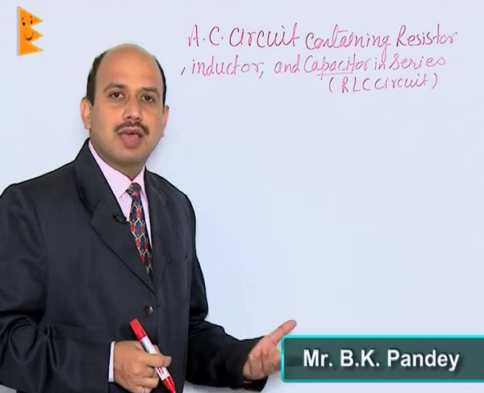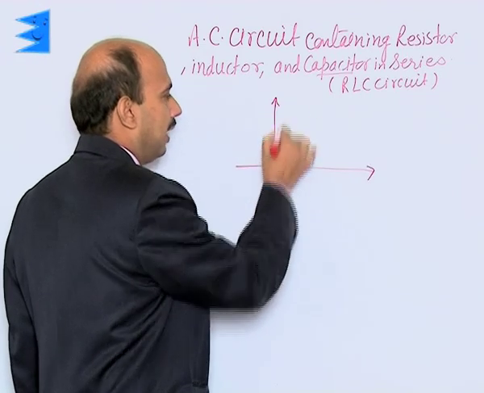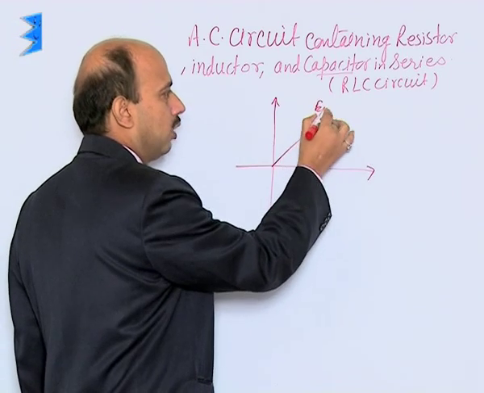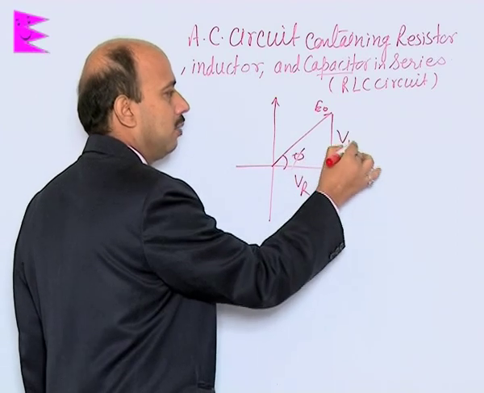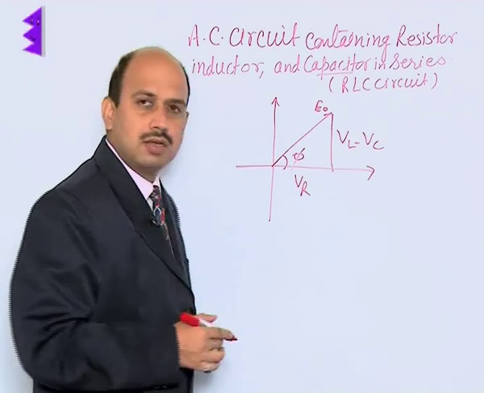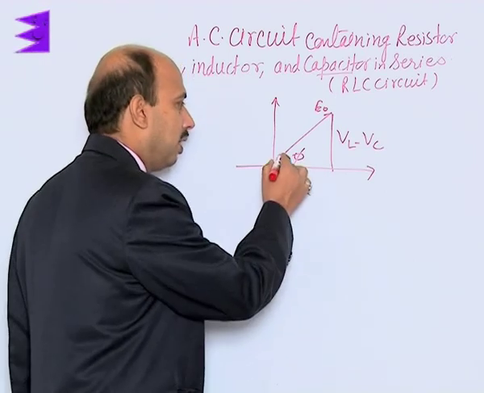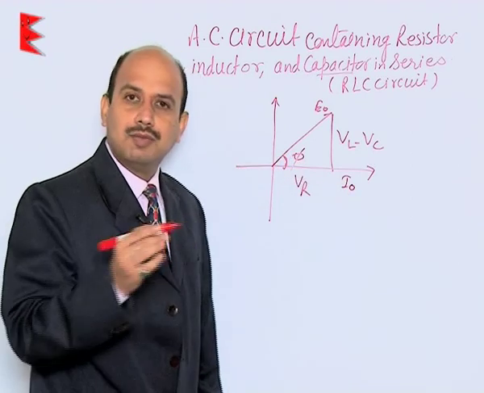Now, let us see the phase angle. We have seen the phasor diagram for this, and it was like this: E naught, and this side was VR, and this is phi and VL minus VC. So, in the LCR series circuit we can calculate this phase angle between the current, because the current is taken to this side, and the voltage.